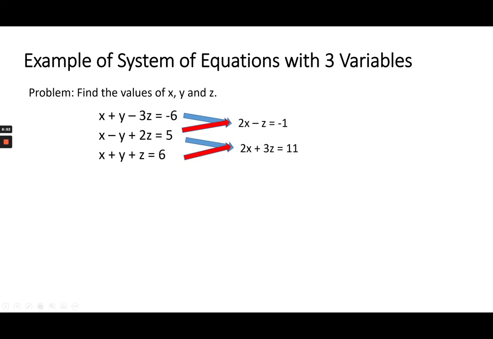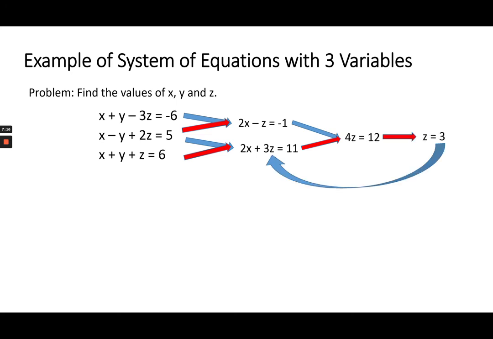What we did is we eliminated y by adding. After eliminating it, you have a new system with 2 unknowns instead of the original 3. Then you can eliminate your next variable, and you will find your first variable.